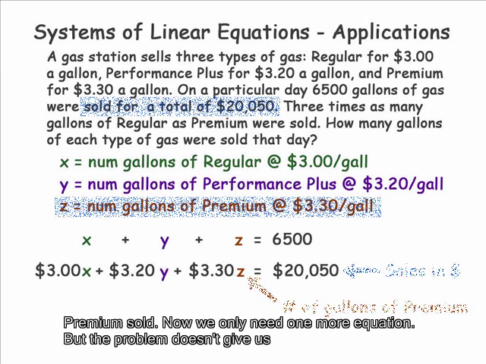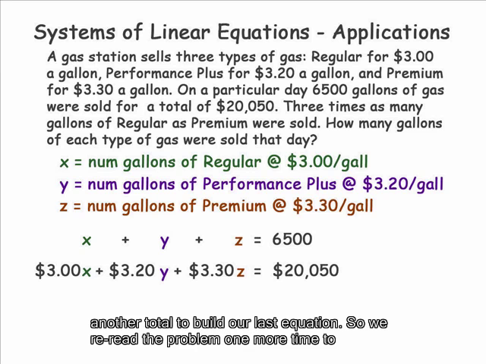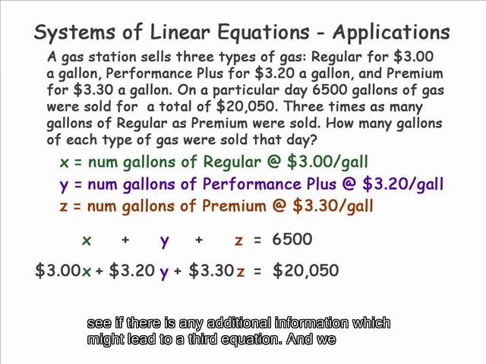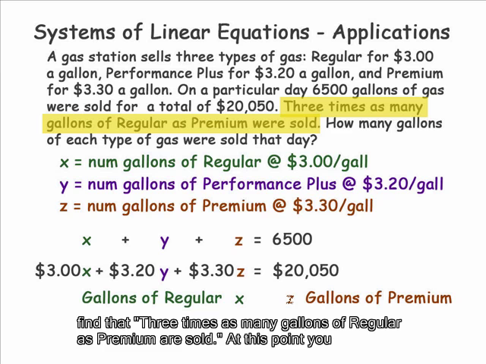Now we only need one more equation. But the problem doesn't give us another total to build our last equation. So we reread the problem one more time to see if there is any additional information which might lead to a third equation. And we find that 3 times as many gallons of regular as premium were sold.